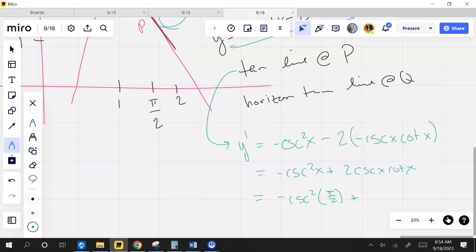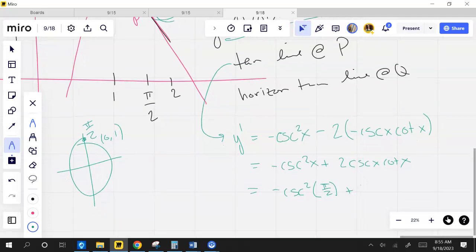Why? It's right at the top of my unit circle. What are the coordinates at pi over 2? 0, 1. Cosine is 0, sine is 1. Great place to be to have to find all these nasty trig values. All right, so 2 cosecant pi over 2, cotangent pi over 2.